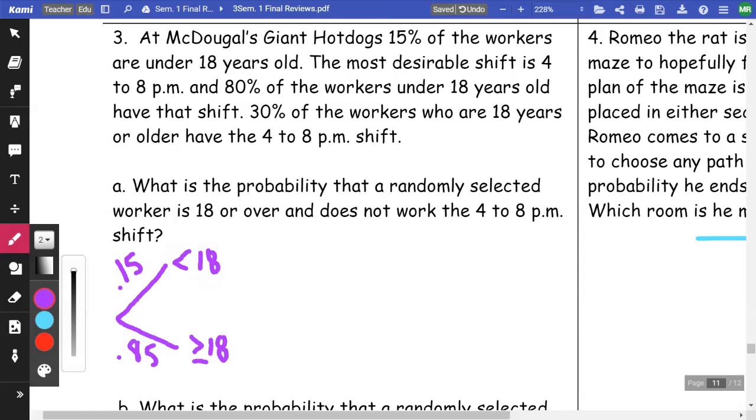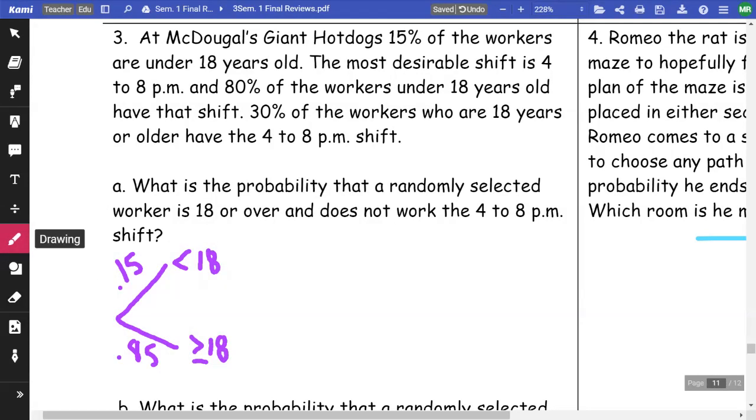It says here that the most desirable shift is 4 to 8 p.m. and 80% of the workers under 18 have that shift. So 80% of the workers that are under 18 have the shift from 4 to 8, which means 20% don't.